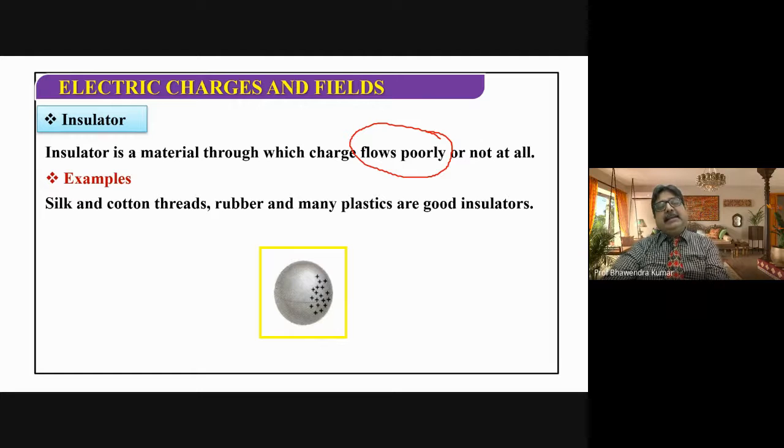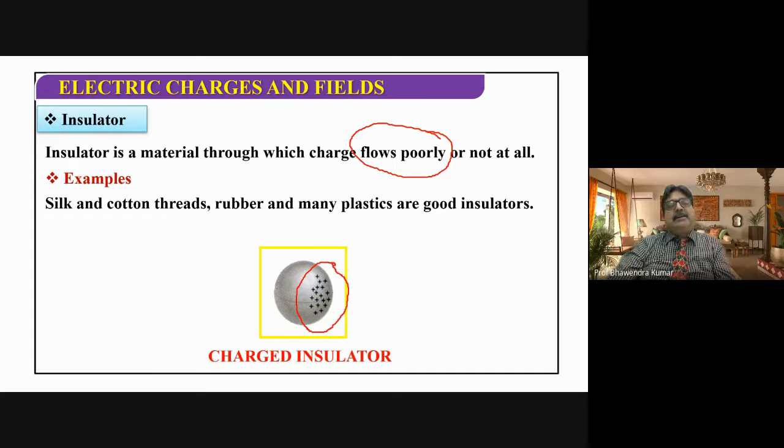So as you can see here, whenever the charge is given to an insulator, it will remain confined only in one part or one segment of the object. As you can see here, the insulating body is given a positive charge, and that positive charge is held only on one side, that is the right hand side of the object. I hope you can understand the difference between the conductor and insulator.